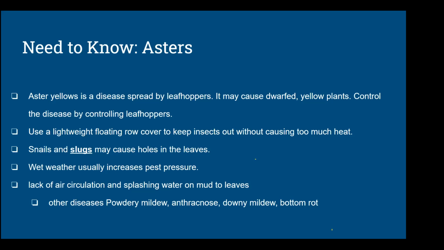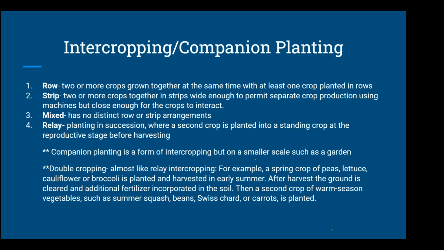And then wet weather usually increases pest pressure. And then there's some other diseases like mildew. These are often caused by lack of circulation and splashing water. So more moist conditions will cause some of these mildew and rot situations.